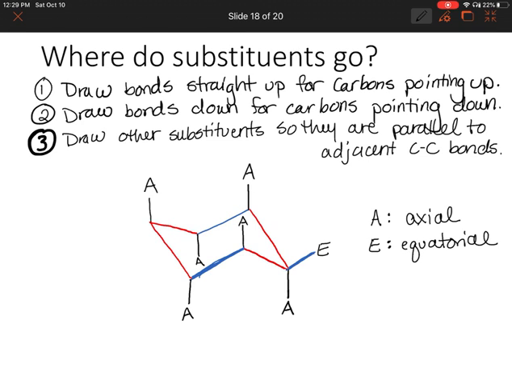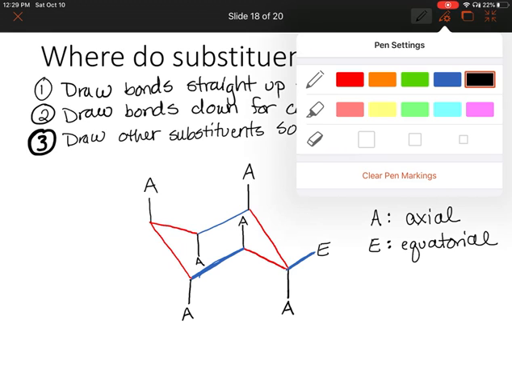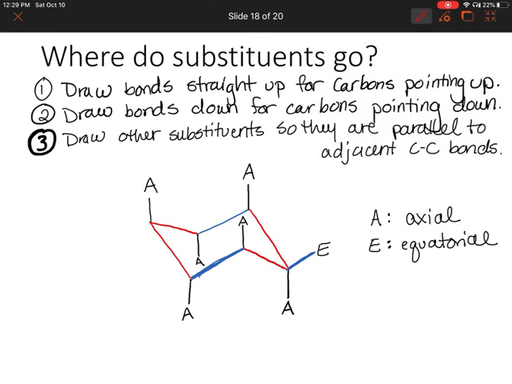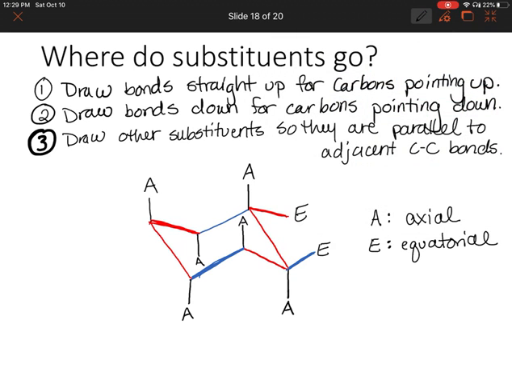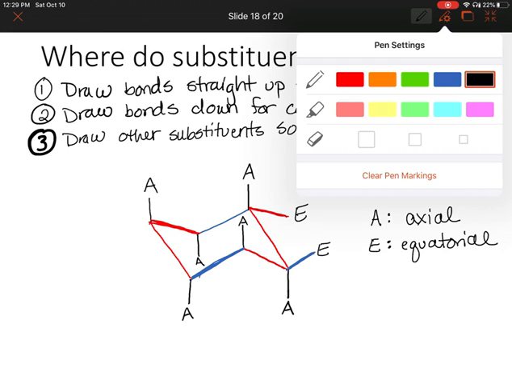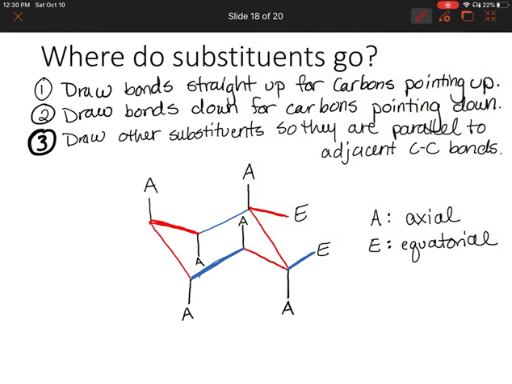Okay, so now on the back carbon directly behind that, we're going to draw a bond going kind of down at an angle so that it's parallel to the bond back here. And we'll also label that as equatorial. All right, and then we're going to do the same thing on the next carbon.